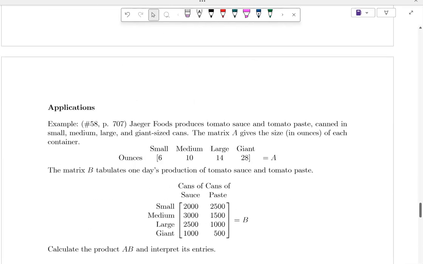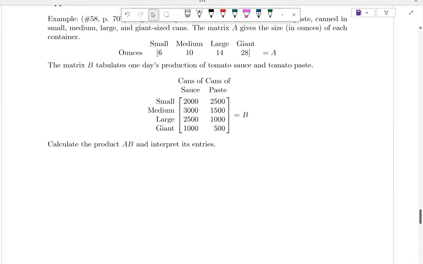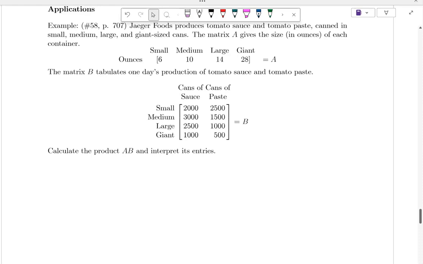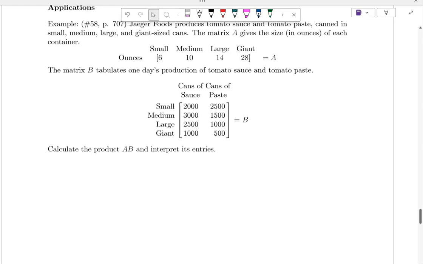Let's look at this application problem real quick. Not to worry too much about what's going on in the application to start with, but let's ask a question first. Could you even do B times A in this case? Can I take the B and multiply by the A that you're given? No. B has 2 columns, A only has 1 row, right?